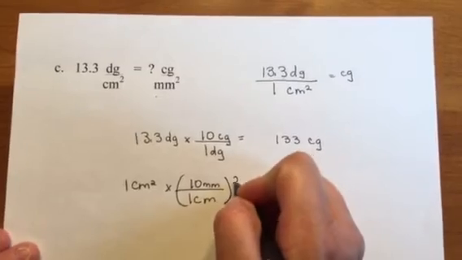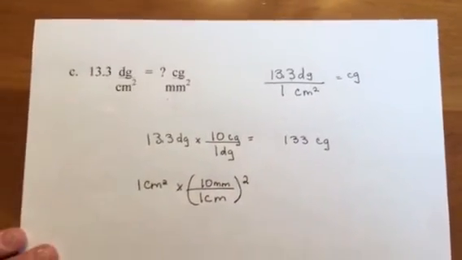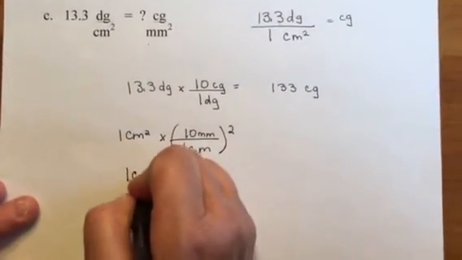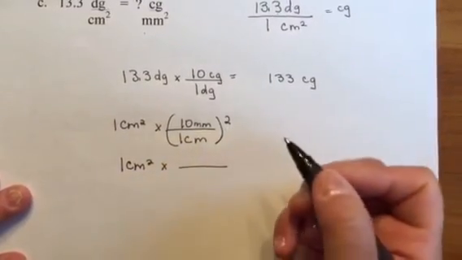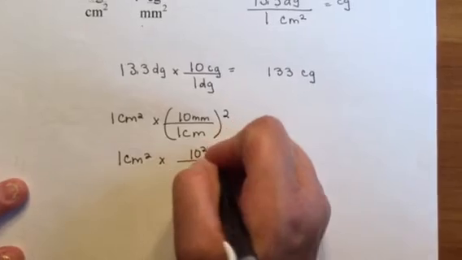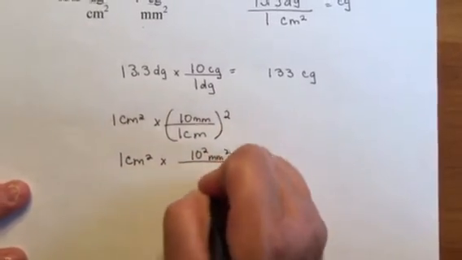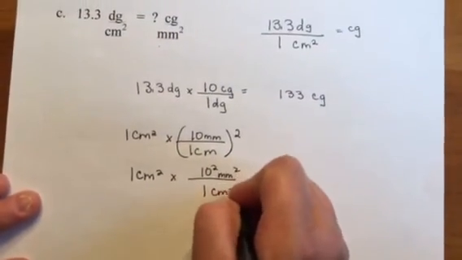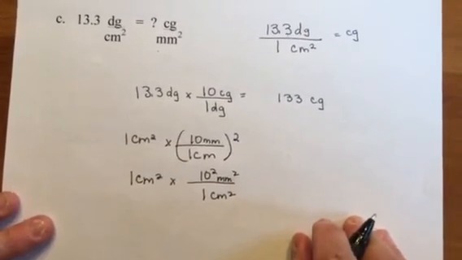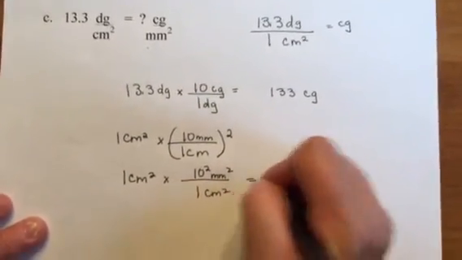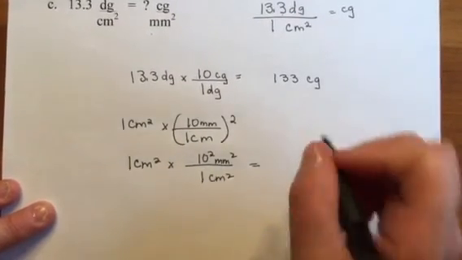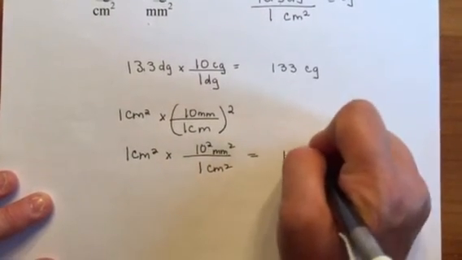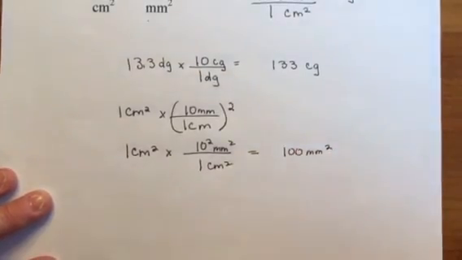So I take this entire thing and I square it. This is the same as 1 centimeter squared times 10 squared millimeters squared over 1 centimeter squared, because remember, 1 times 1 is 1. So when we do this, we get 100 millimeters squared.